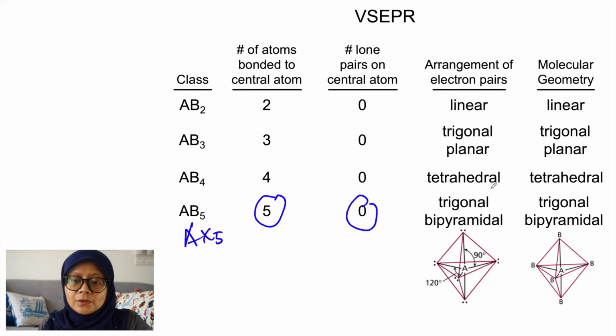So the molecular geometry that we have for this class is trigonal bipyramidal. For the trigonal bipyramidal, we have two angles: the first one is 90 degrees and the second one is 120 degrees for this planarity here.